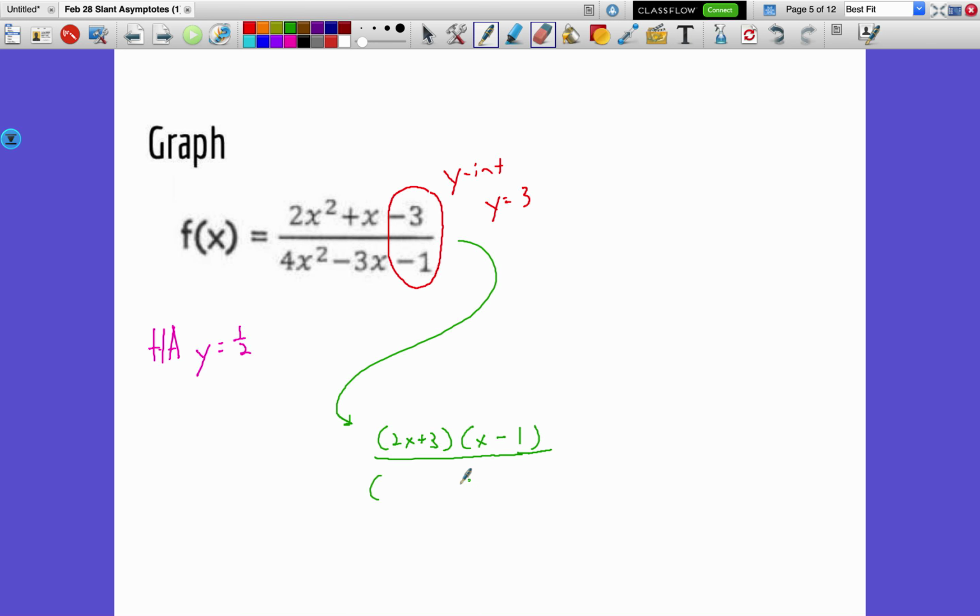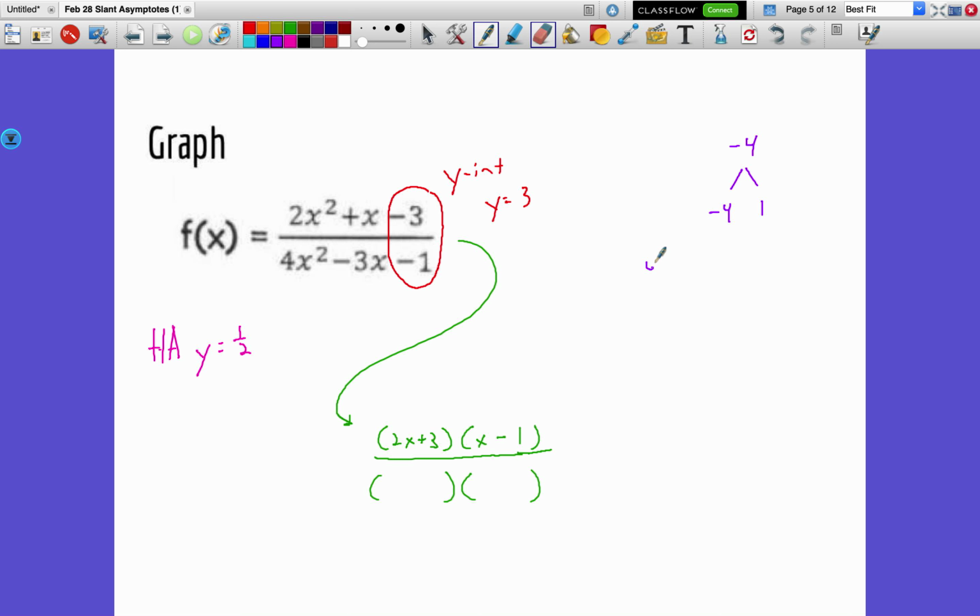All right, and on the bottom, let's see, we could split this into a 2x and a 2x, or a 4x and an x. This one we might want to do factoring by grouping. So I multiply a and c off to the side, negative 4. Two numbers that multiply to be negative 4 but add to be negative 3 are a negative 4 and a 1.